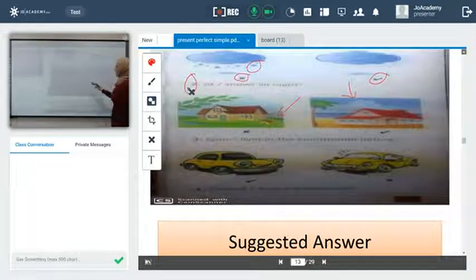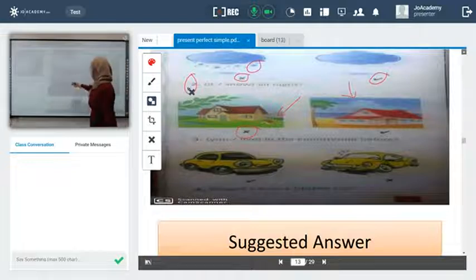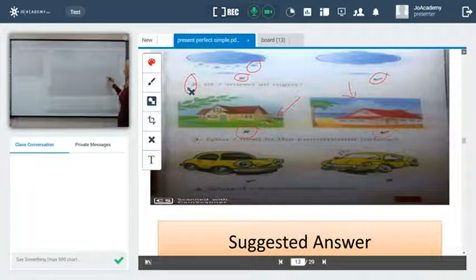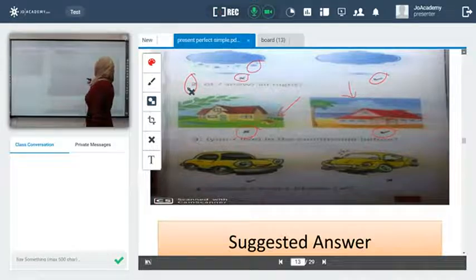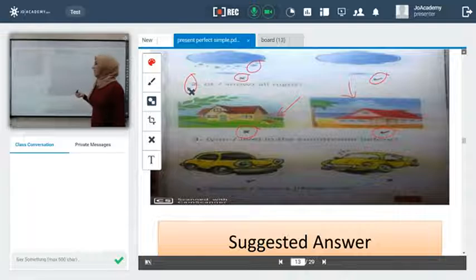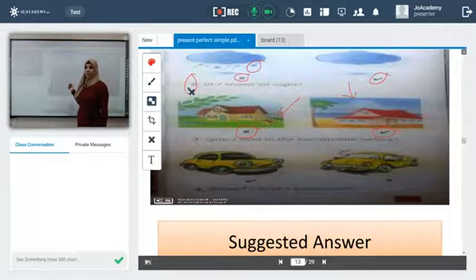So we have here a cross, and here we have a tick. So can you figure out how to answer it? What is the question going to be?